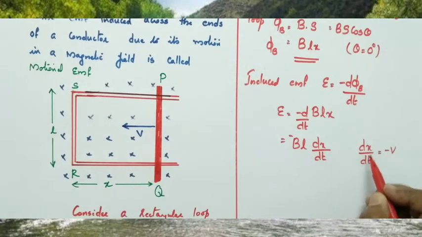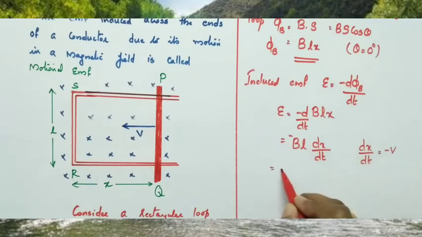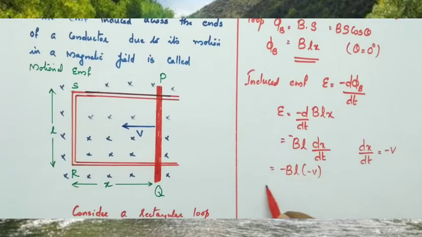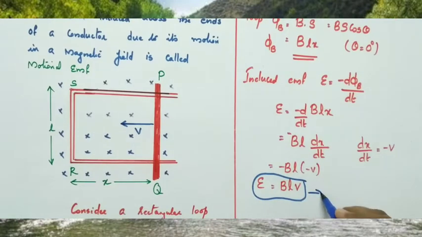Therefore we can write minus B L into minus v. So EMF is given by B L v, and this EMF is called motional EMF. The formula for motional EMF is E equal to B L v.